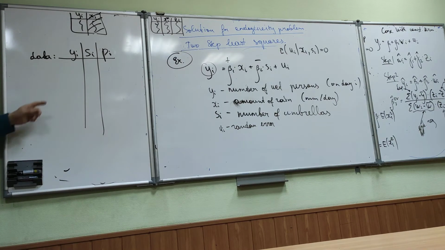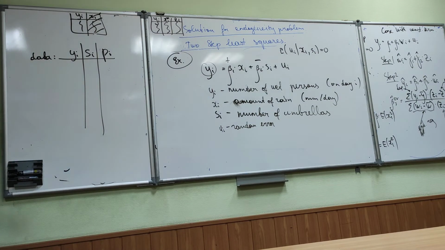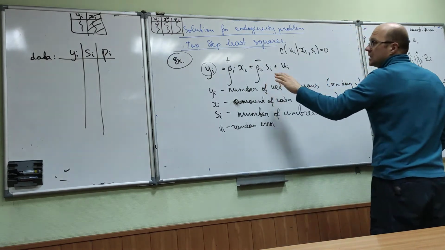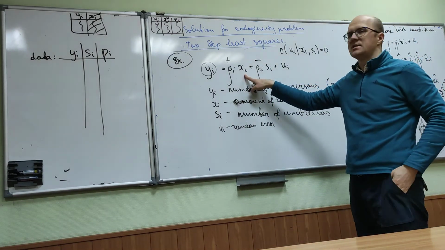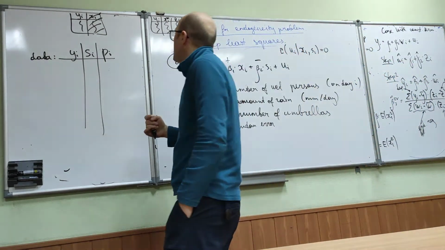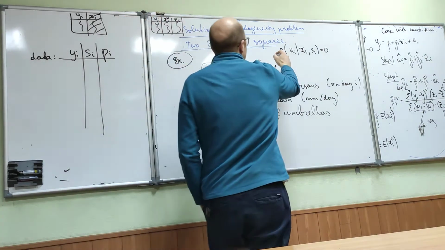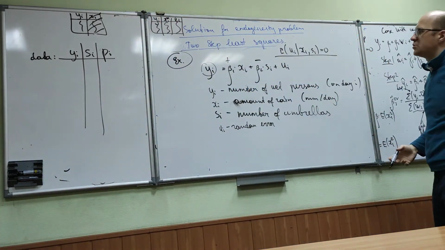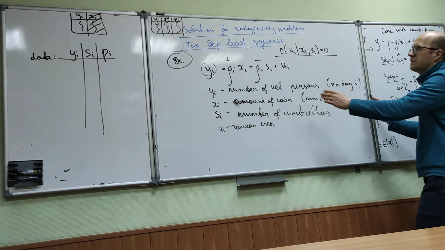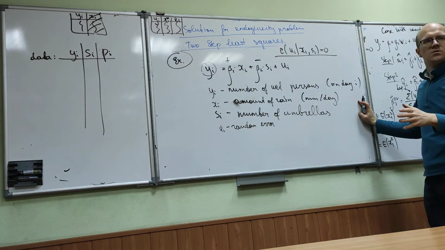So you have data on y, s, and pressure, but no data on x. The case is clear: if you had y, x, and s, there would be no problem, you would just use ordinary regression.